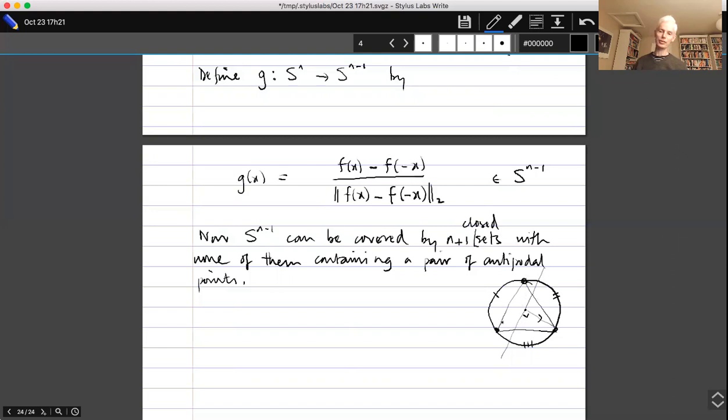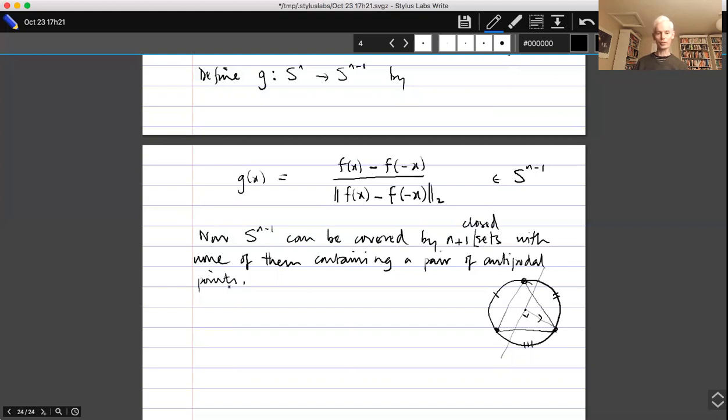And then everything in this edge or face in higher dimensions, or hyperface, lies strictly in the hemisphere that's on this side of the hyperplane, and therefore can't contain a pair of antipodal points.